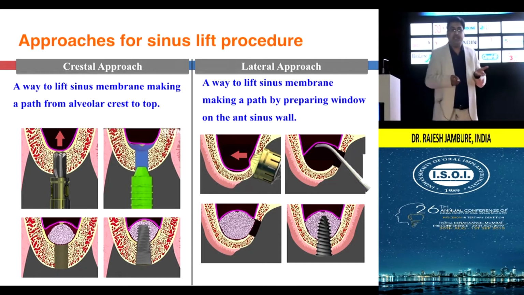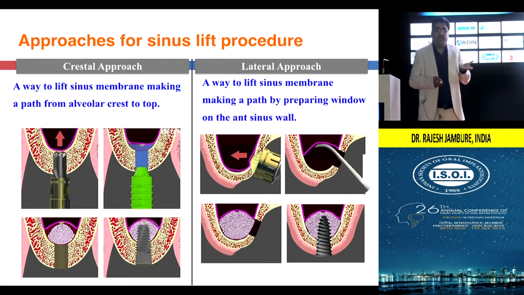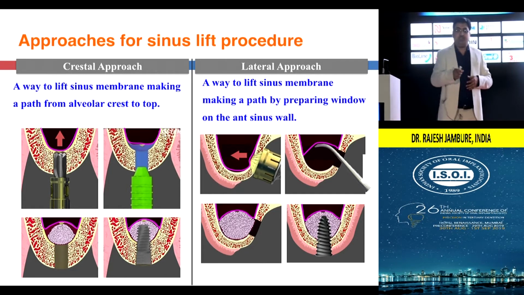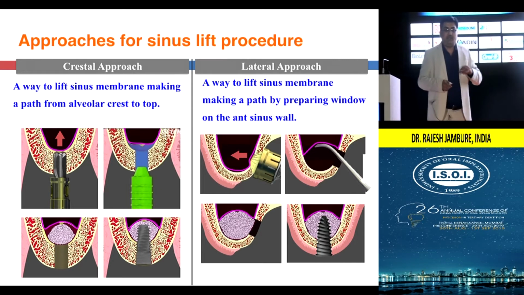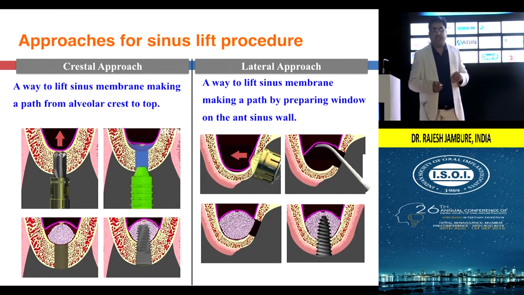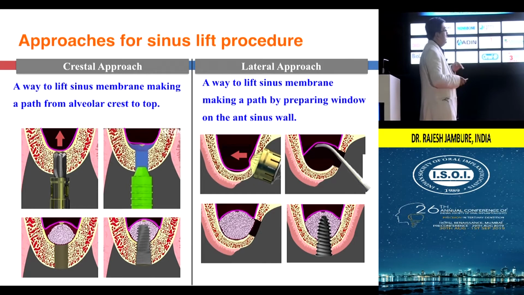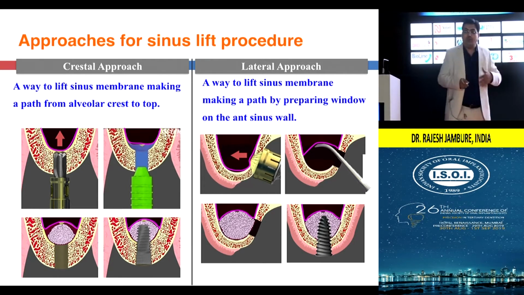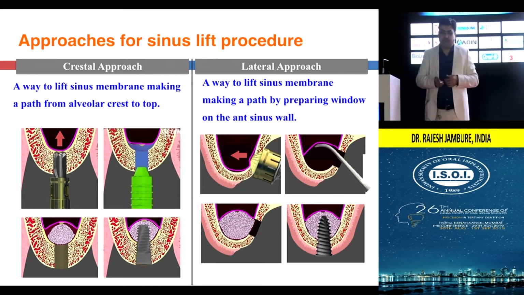We go through the alveolar crest, and then we lift the membrane. That is a crestal approach. Whereas in the lateral approach, we approach the sinus through the lateral window in the anterior sinus wall, so it becomes more of an open kind of surgery.